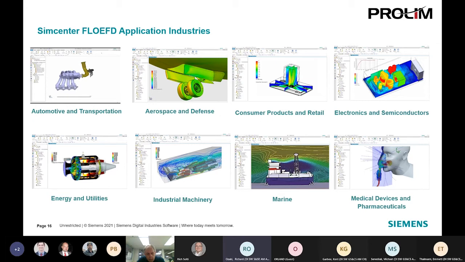Also things like energy and utilities. We can do combustion. If we wanted to look at two-phase flows, boiling water, passing it over turbines, we can do that sort of simulation as well. And there's a few other things here, but med device and pharmaceuticals. Recently we've had a big request for air tracking within the built environment.